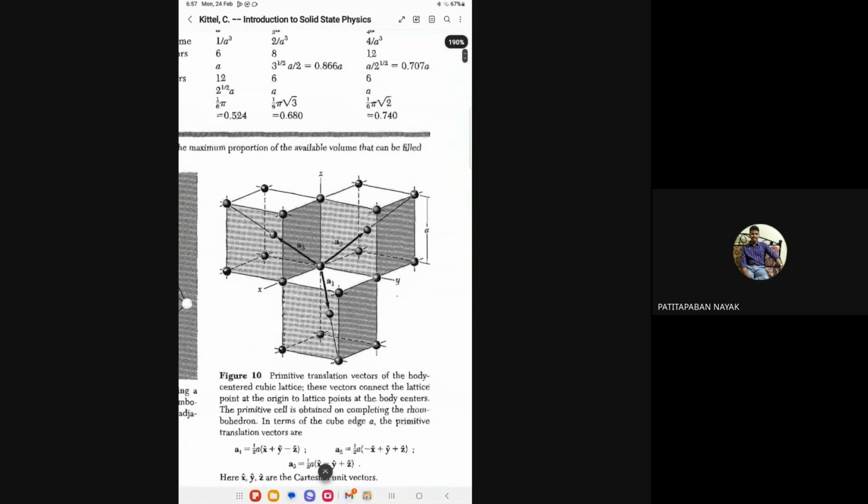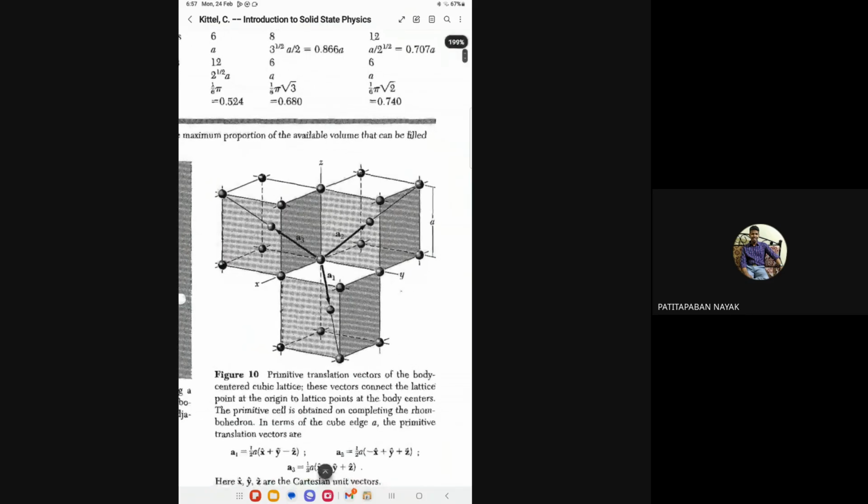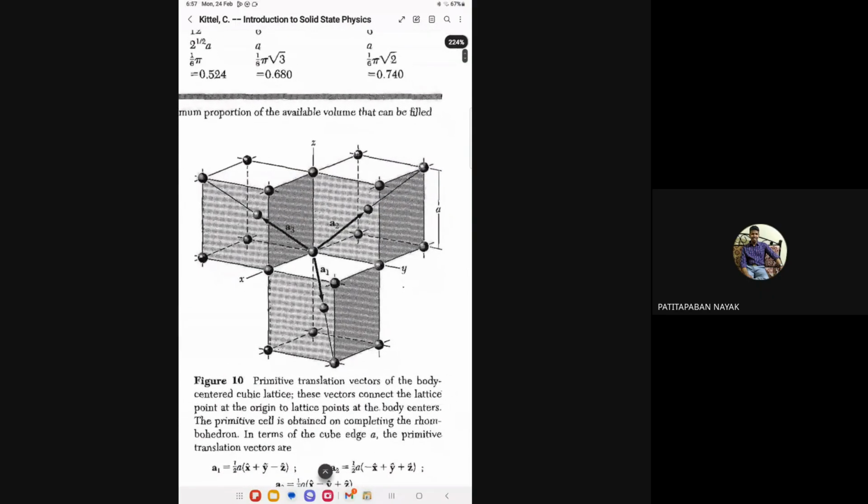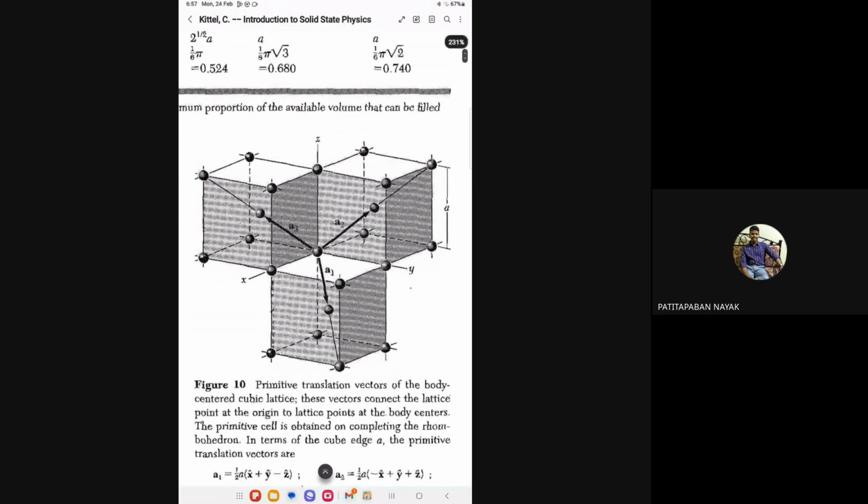So if all of you can look at this picture and try to understand it. I'm using this book, Introduction to Solid State Physics by Charles Kittel. The diagram is visible to everyone? Yes, sir. So let us try to understand what it has done in this diagram.